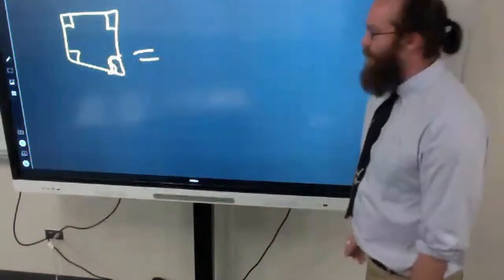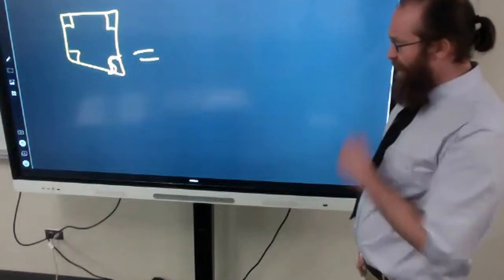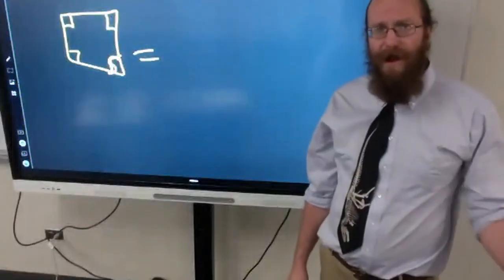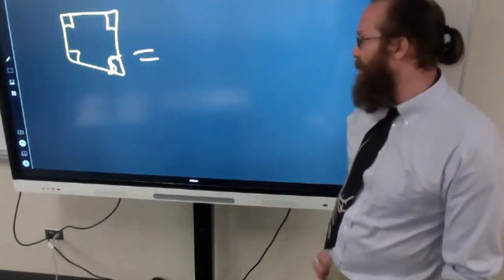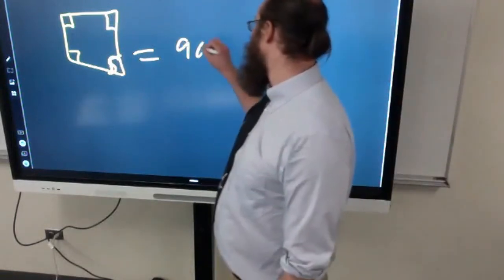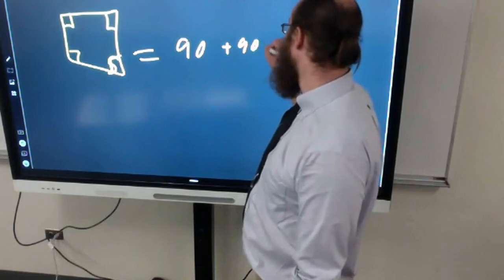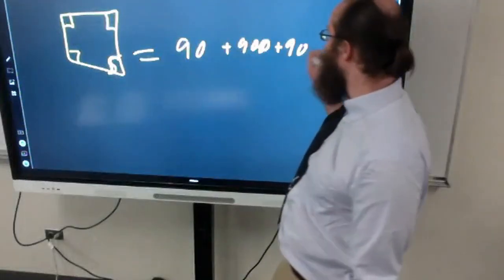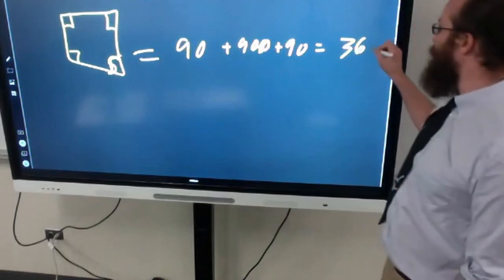One more. So this is a square. And you know that in a square, every angle is 90 degrees. So if we added up all of these angles, 4 90s, we would get 360 degrees.